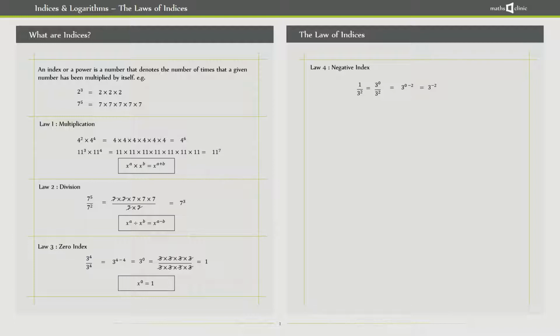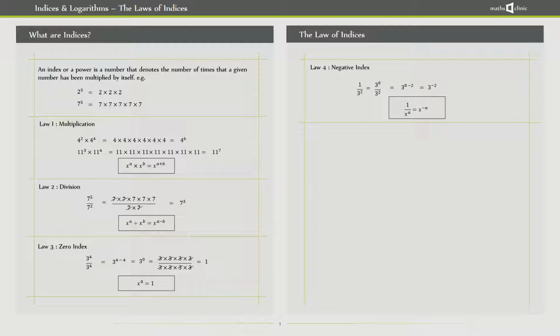When you have a number with an index as the denominator of a fraction, so let's say 1 over the index number, it basically equals the number with the negative form of that index. So if I have 1 over 4 to the power of 5, it equals 4 to the power of minus 5.